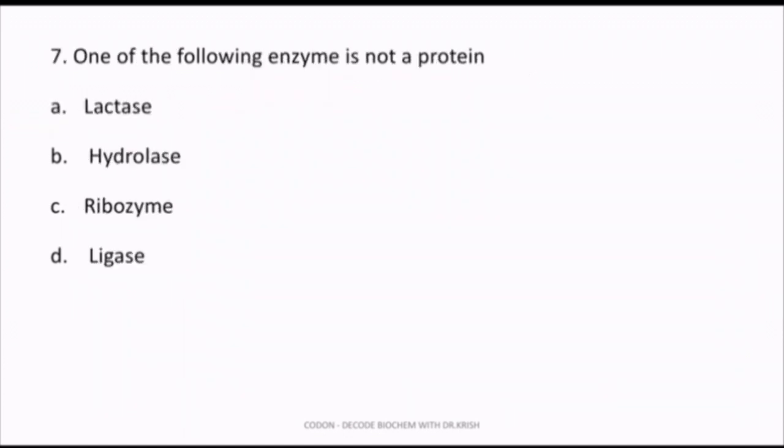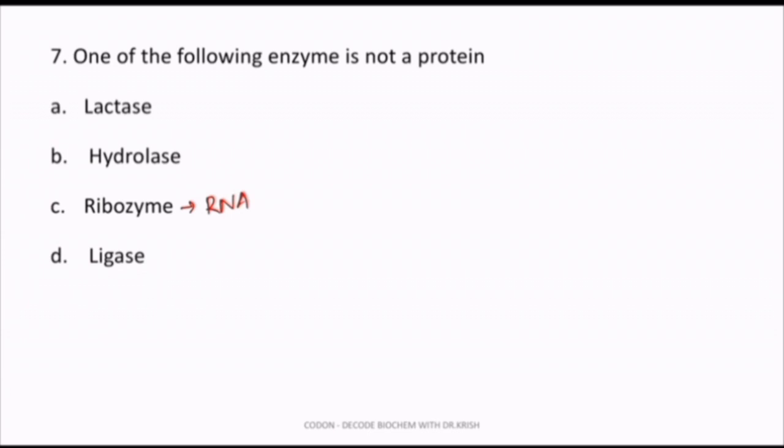So next, which of the following enzymes is not a protein? So here all enzymes are always proteins with few exceptions. The exception is ribozyme. What is a ribozyme? Ribozyme is RNA with enzyme activity. So it is not a protein.